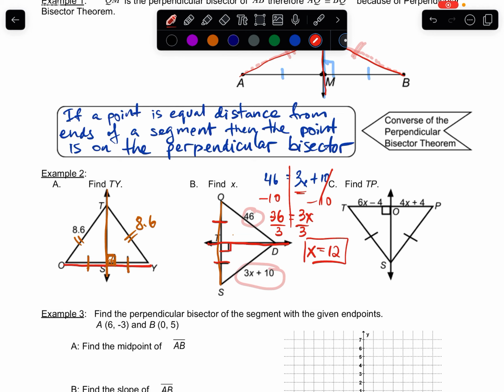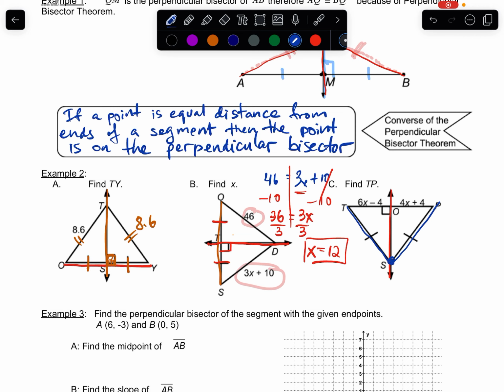Now let's go on to example 2C. Now we see that again, this is my bisector. Actually, let me go back and say that this right here, we know that TS and SP are congruent.